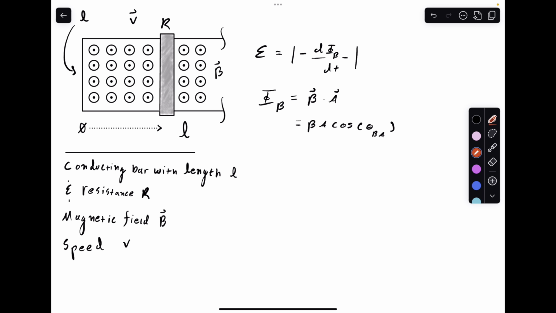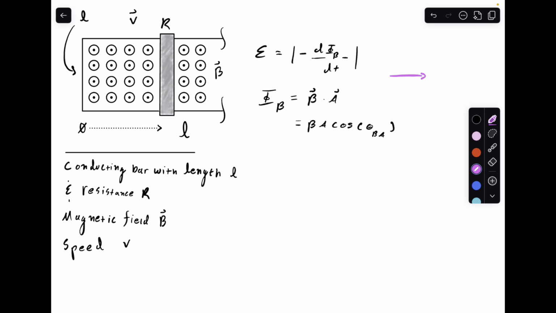The cosine of the theta between the magnetic field vector and the area vector is actually 0 in this instance, because the area vector of the surface we want to find the magnetic flux through is pointing out of the page, and so is the magnetic field.